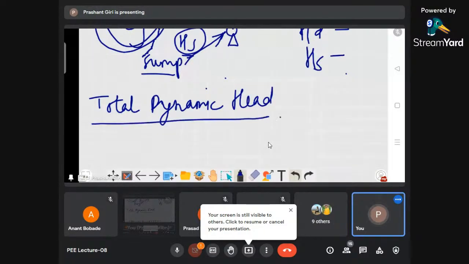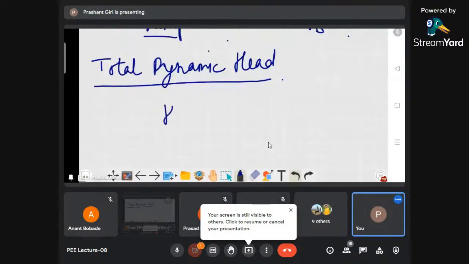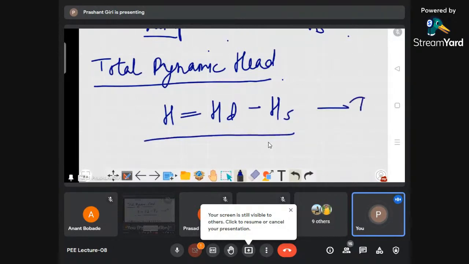So total dynamic head H is equal to HD minus HS. This is your first equation from the process design of a fluid moving device, that is pump. Okay. So total dynamic head we can define here as the difference between the discharge head HD and the suction head HS, total suction head, and here total discharge head.